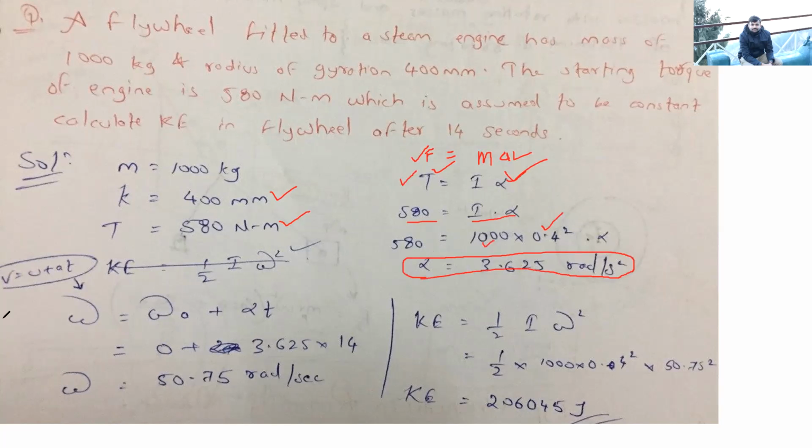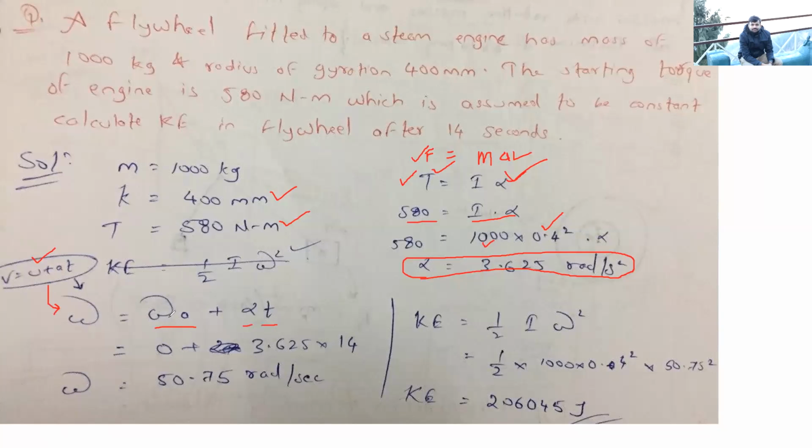Mind the units which we have kept while equating the values. Now we also know the equation v is equal to u plus at. Converted from linear into angular terms, that would be omega is equal to omega 0 plus alpha multiplied by t.